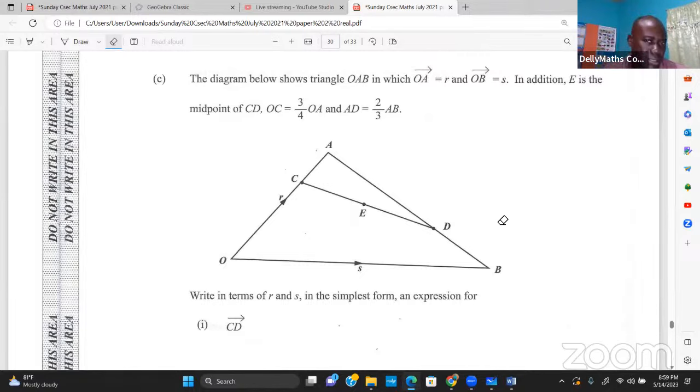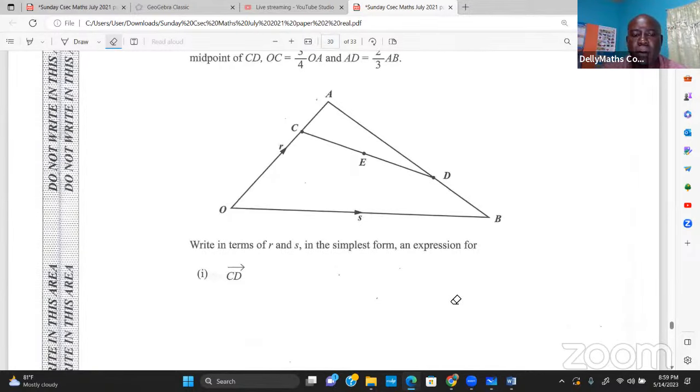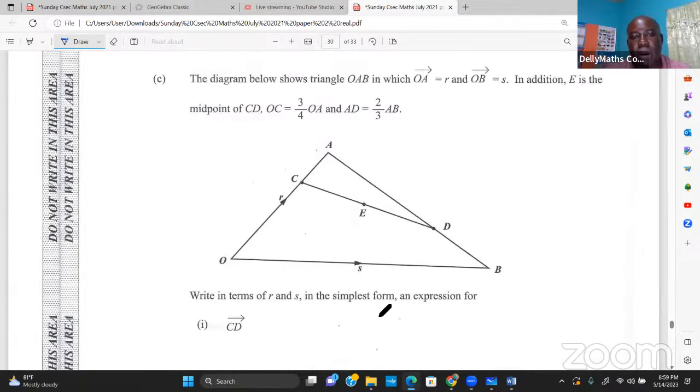So follow the questions now. It says, write in terms of r and s, in the simplest form, the expression for CD. You want to move from C to D, but before you do that, make sure you put on some labels. I don't know what C to A is yet, but we got instruction here.